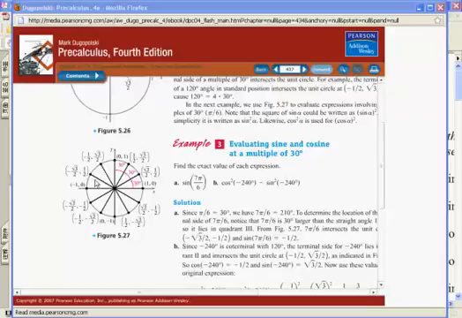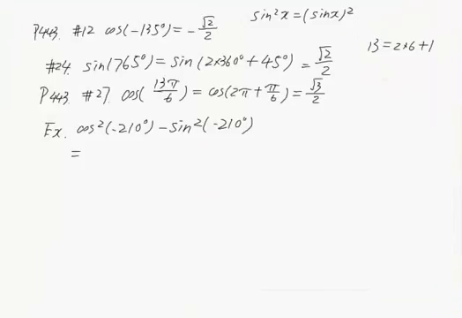So this is the negative 210 degrees. And what is the cosine of the negative 210 degrees? Which one? Negative root of 3 over 2, right? So we first get the cosine of the negative 210 degrees equal to negative root of 3 over 2 and then square.